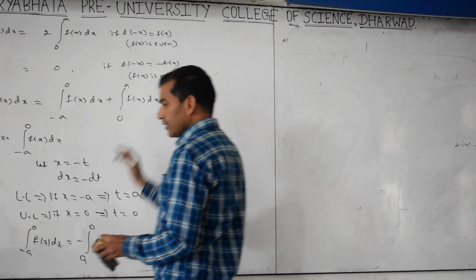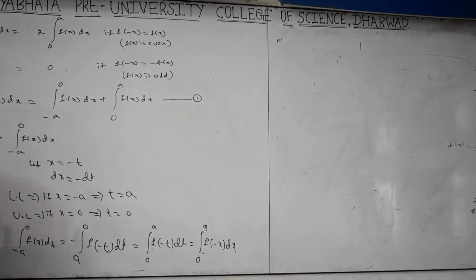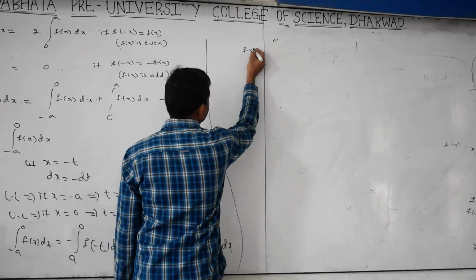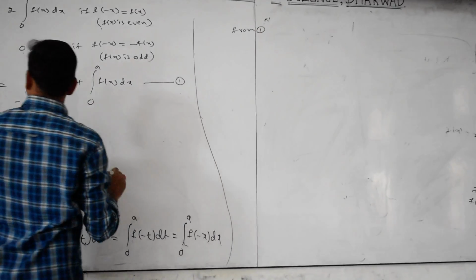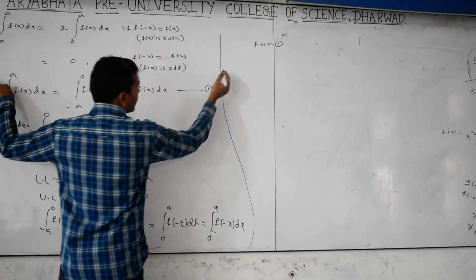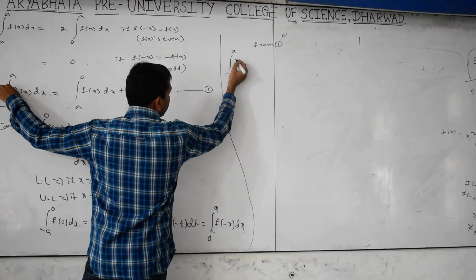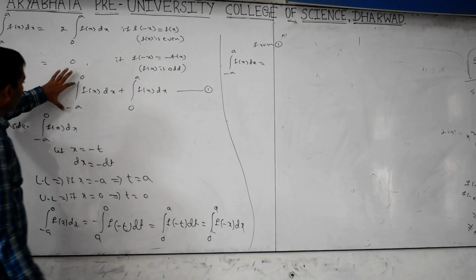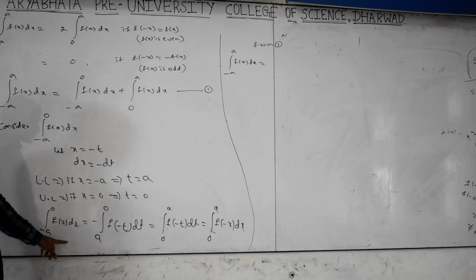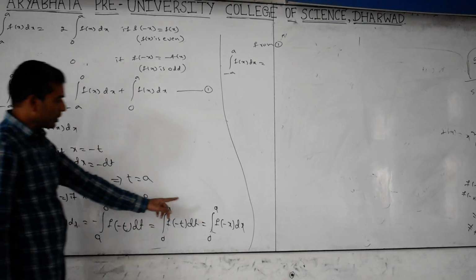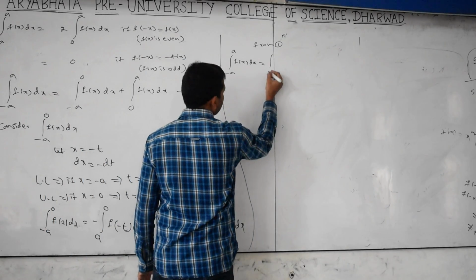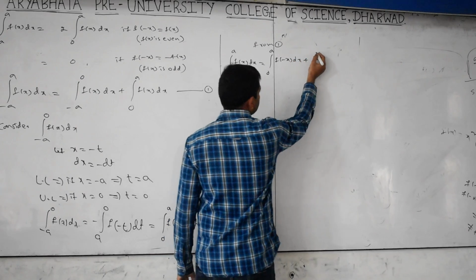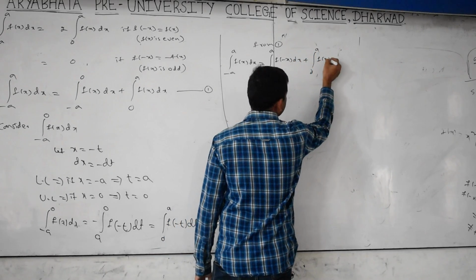Now this is from 1. Tell me the first equation: integration minus a to a of f of x dx equal to minus a to 0 of f of x dx plus 0 to a of f of x dx, which equals integration of 0 to a of f of minus x dx plus 0 to a of f of x dx.